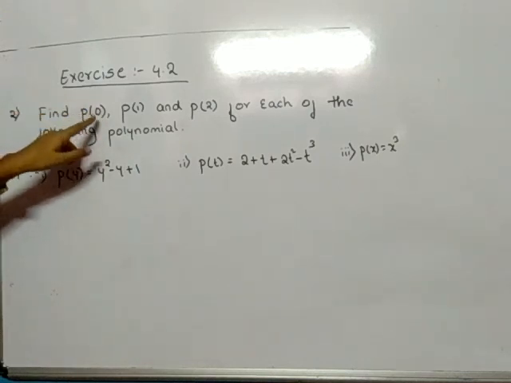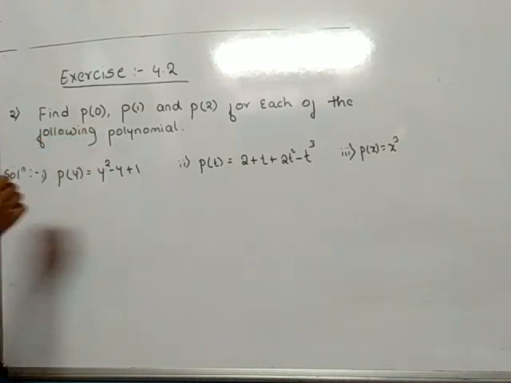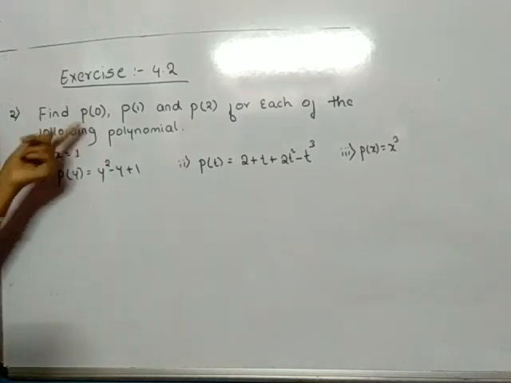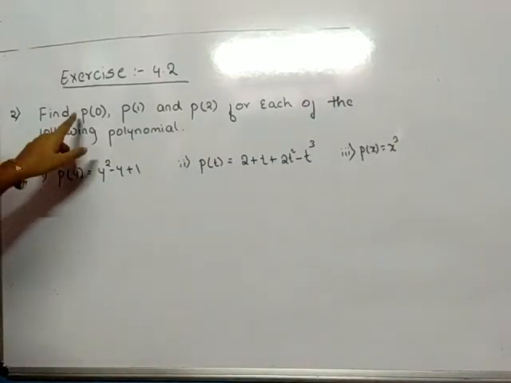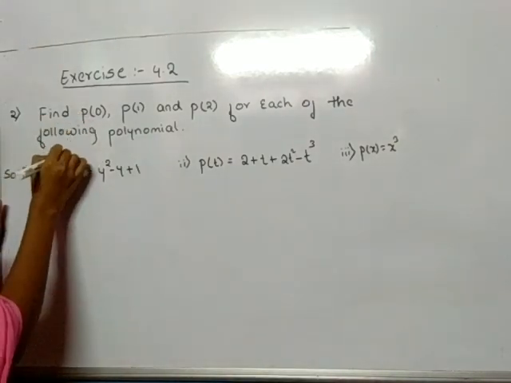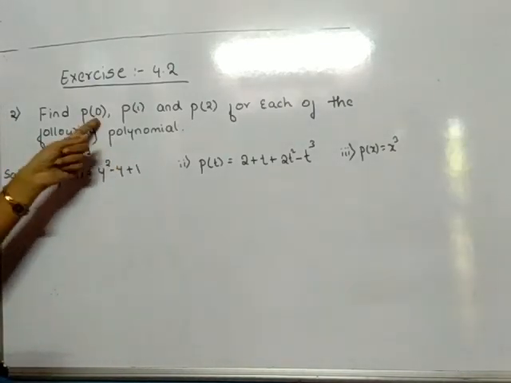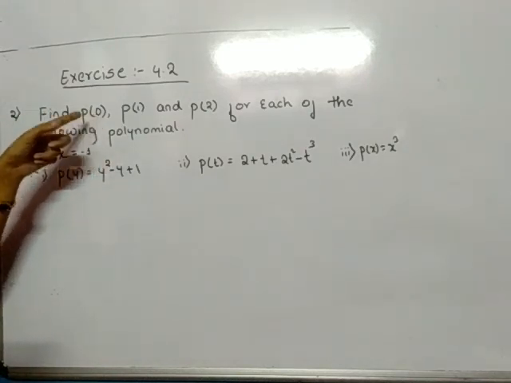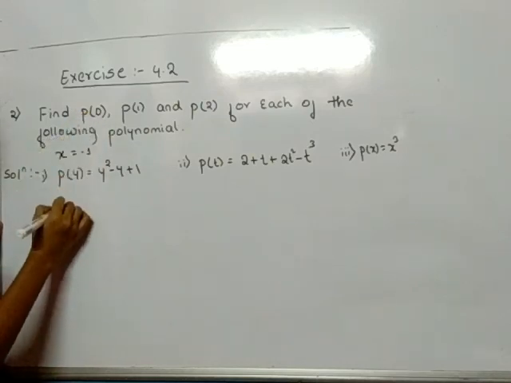In the previous problem they gave us x equals minus 1. Instead of giving it like this, they have given the value of x, y or any variable here only, that is P of something, right? So we substitute it here directly.